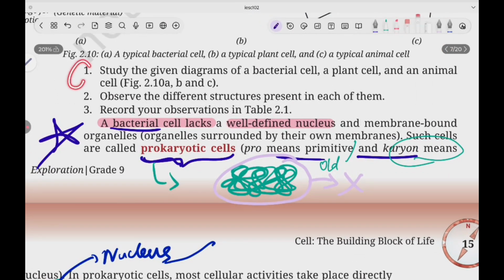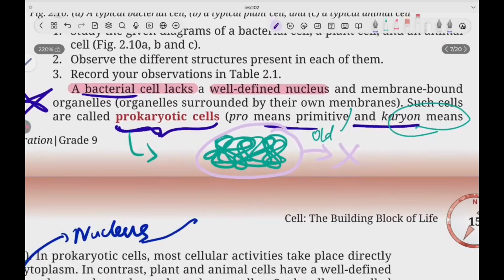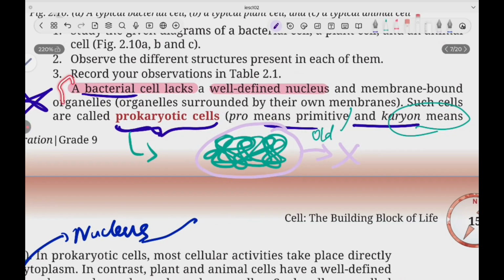So here you are given this to record your observation. What are the different things in the structures and what are the differences in the cell organelles present in them? The conclusion given by the NCERT is that a bacterial cell lacks a well-defined nucleus and membrane-bound organelles. Organelles that are surrounded by their own membrane are called membrane-bound organelles.